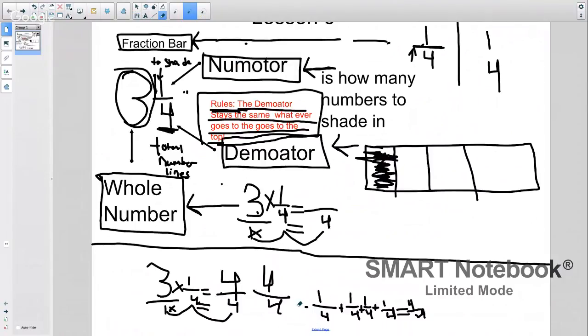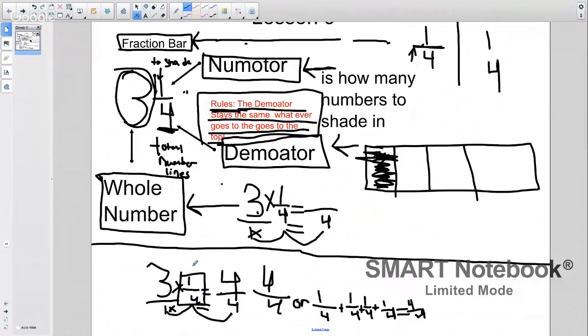4/4. Or what I like better, if you're struggling, you will get that one. You can do 1/4 plus 1/4 plus 1/4 plus 1/4 equals 4/4, because you have 1/4 right here already.